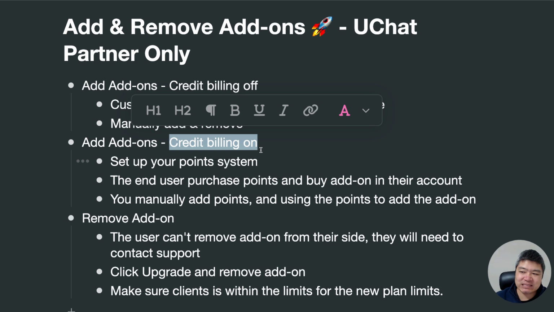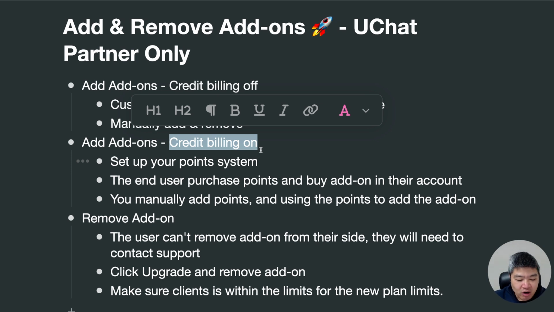Your customers will have a wallet, based on points. You can define how much currency they pay you and how many points they get, and then they use these points to purchase the add-ons from that side. That's why we introduced this add-on credit billing.